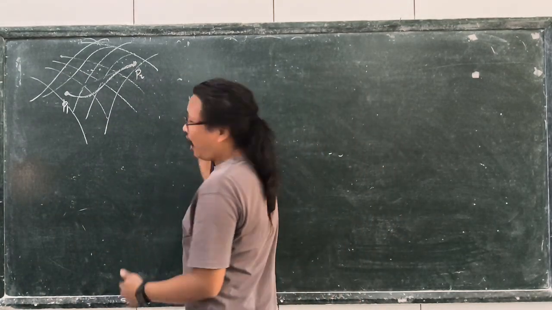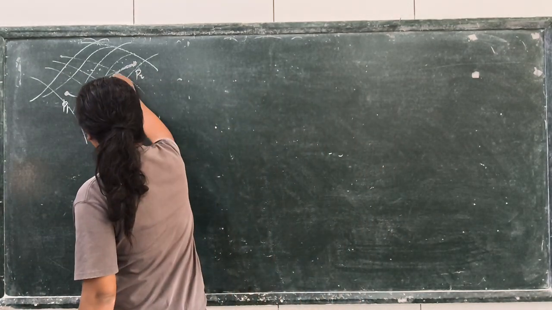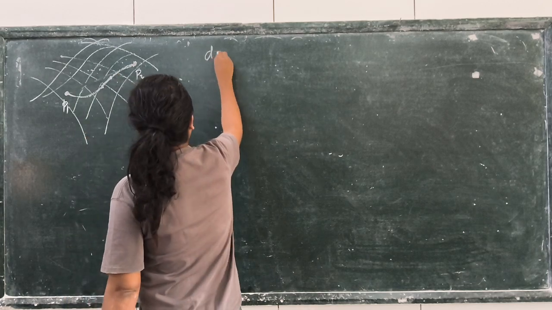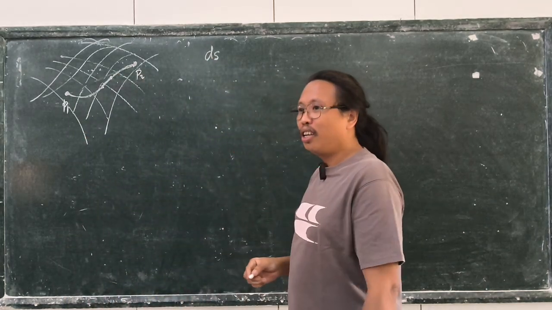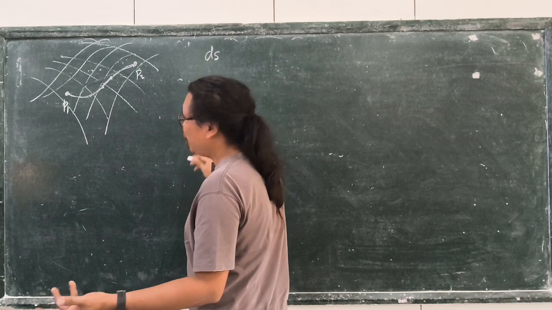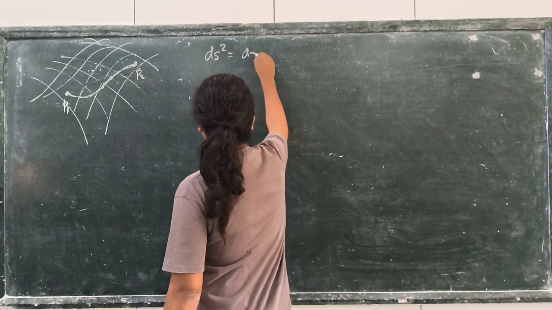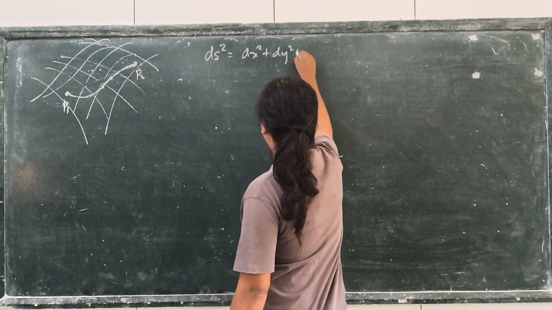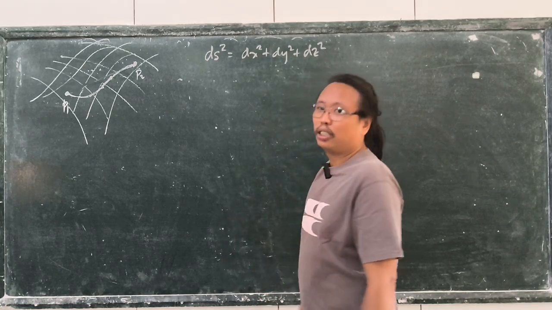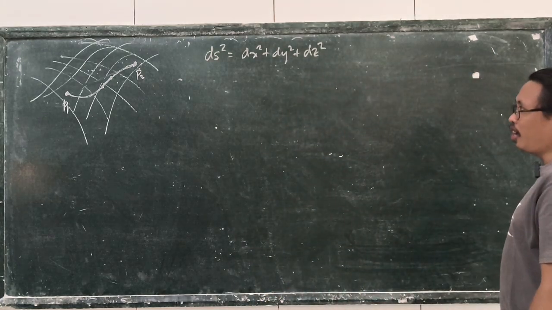Next, the arc length. We need the arc length, ds. For example, in the Cartesian coordinate system, ds squared is equal to dx squared plus dy squared plus dz squared. Okay?